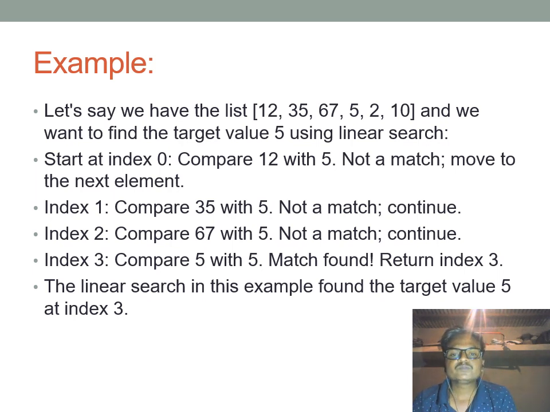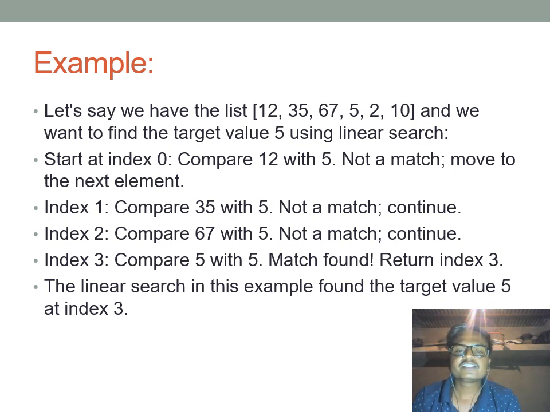Compare the index 1 value, which is 35, with 5, which is not a match. Then we continue to the next index, which is index number 2. Compare 67 with 5, which is not a match. Then we continue to the next element, index number 3. Compare 5 with 5, which is a match found.